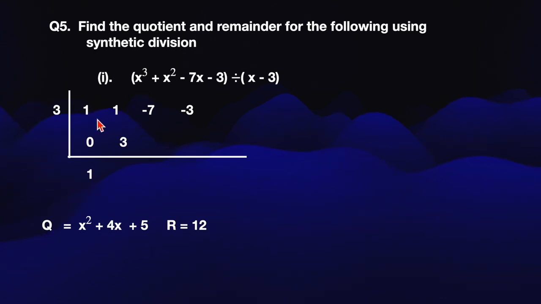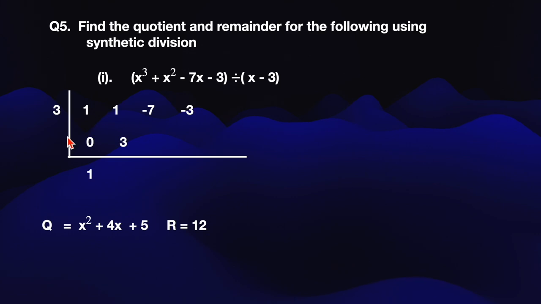First let's write down all the coefficients of the dividend. So here x cube coefficient is 1, x square coefficient is 1, x coefficient is minus 7, and then the constant minus 3. Okay. Now this is equal to 0, if you put, you get x is equal to 3.